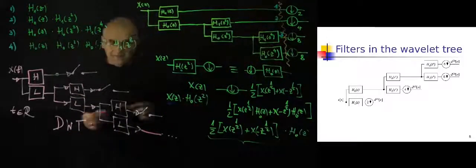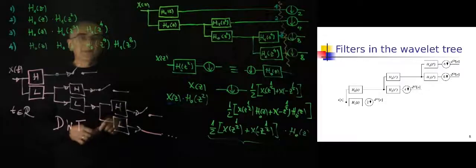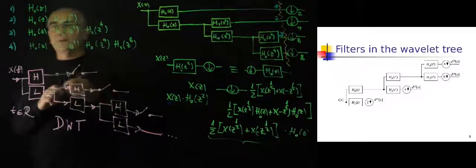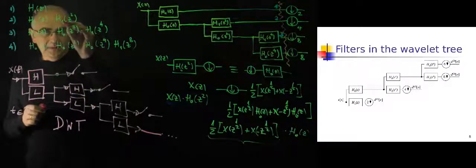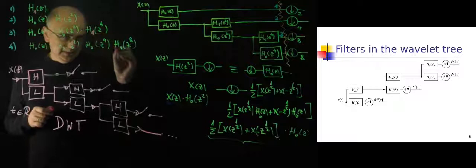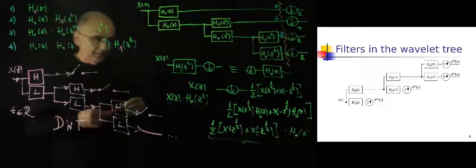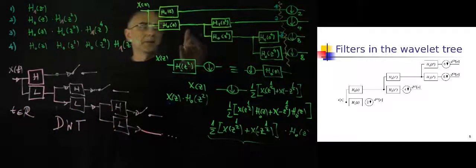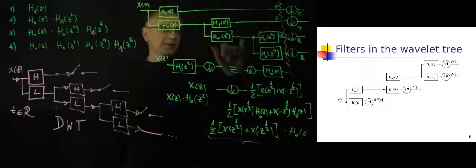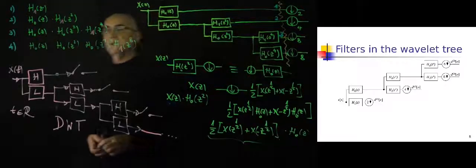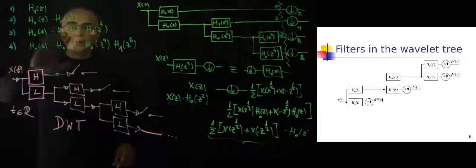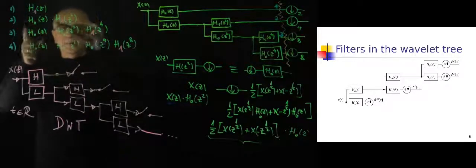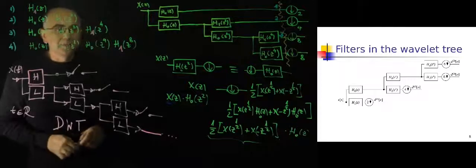Here we had decimation. So the high pass filters were here, here, here, and here. If we were talking about the low pass branch, in that case we would have only the cascade of low pass filters, also a triangular structure.